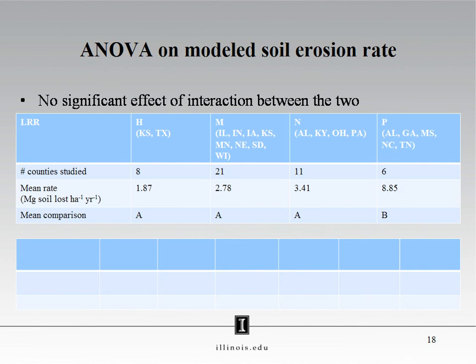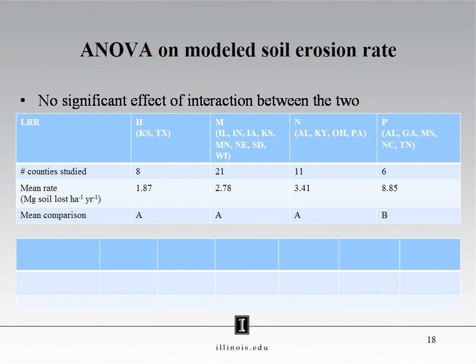Among LRRs, the mean erosion rate estimated in the southeastern LRR P was significantly higher than the rate predicted in the other 3 LRRs. This mean comparison shows significantly higher value in the LRR P than the others.